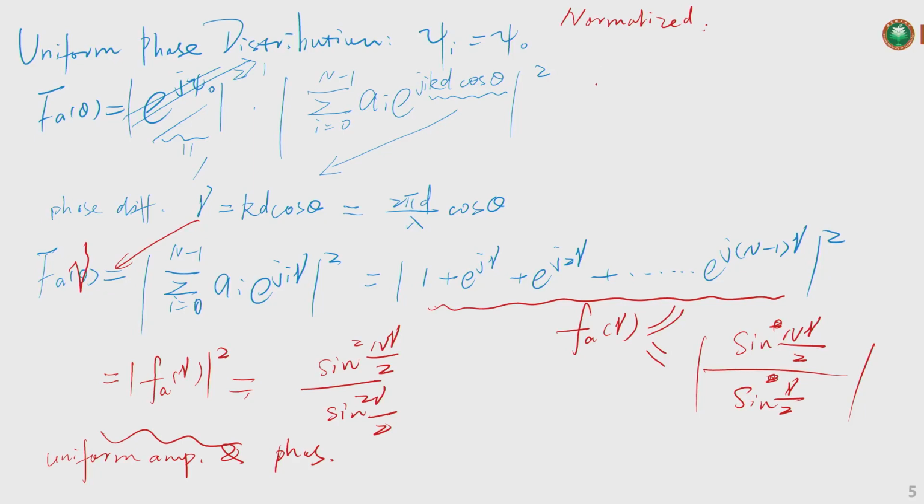For normalized, which means F_n, n represents normalized, equals the initial pattern divided by, for normalization, divided by what? The maximum, right? For normalization. So the maximum of it.